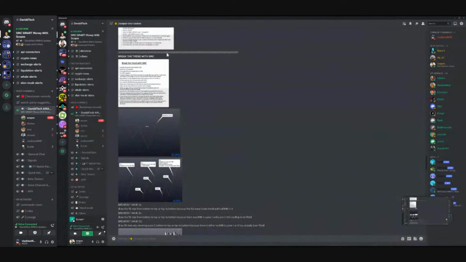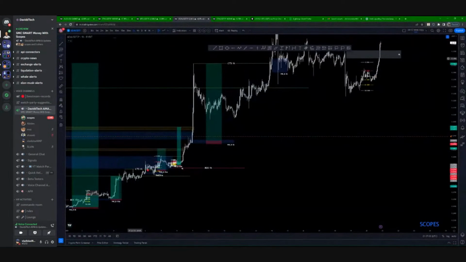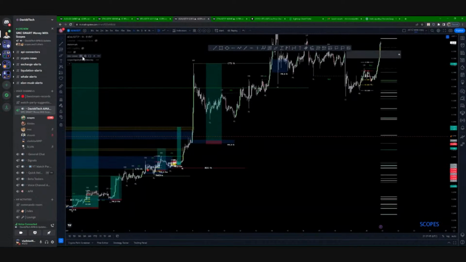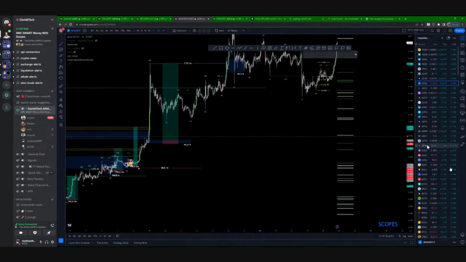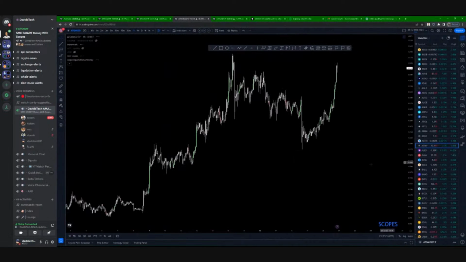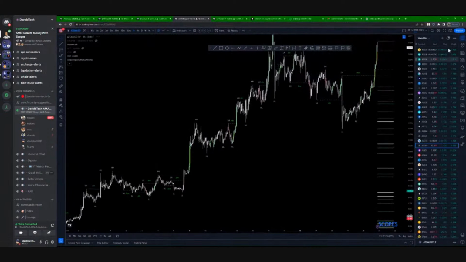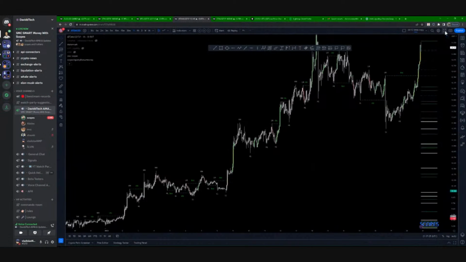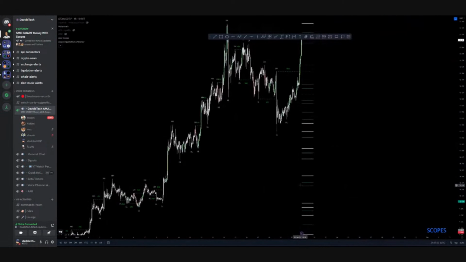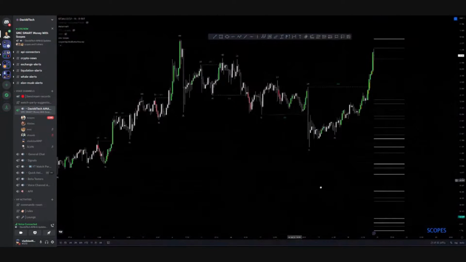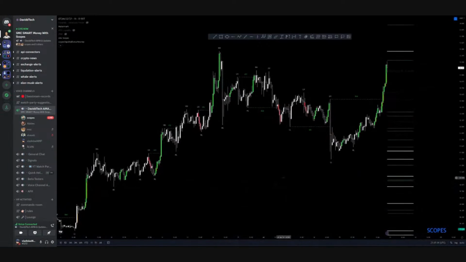So obviously it's just a work in progress. Right, so this is the indicator. Just needs fine tuning a bit, just so you can see what's in it.